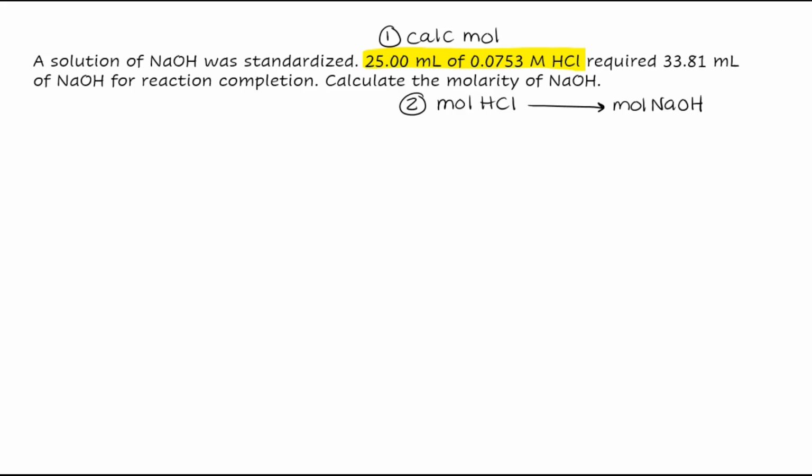So we're relating our known to our unknown. And we use the stoichiometry of the balanced equation. And the third step is to use the volume of the NaOH and the moles that we just calculated to calculate molarity.